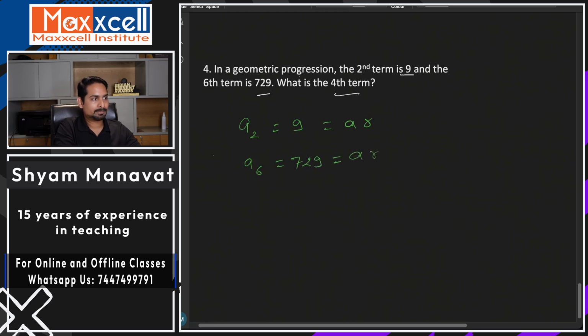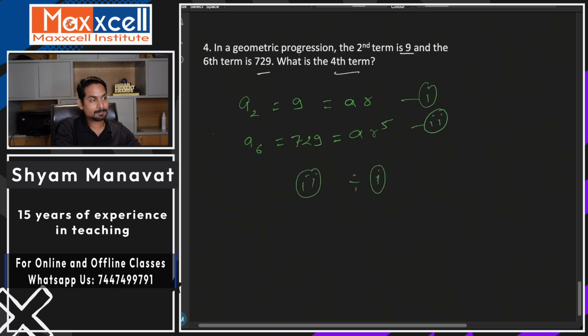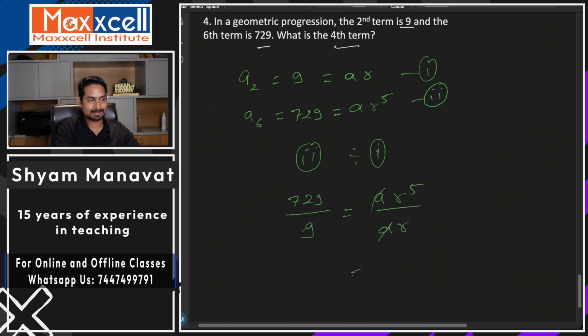Now, if you simplify this, the sixth divided by the second, 729 divided by 9, is AR to the power 5 by AR. A cancels, and here we got the fifth power of r, and this is r raised to 1.